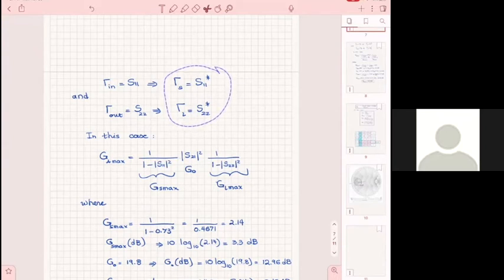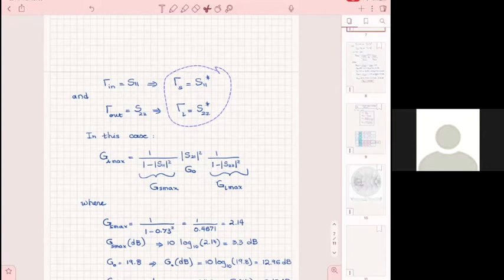But just for your own information, if you have a design spec that says I want a VSWR at the output port to be less than something specific, for example at zeta L, because the load we design for is practically 50 ohms.